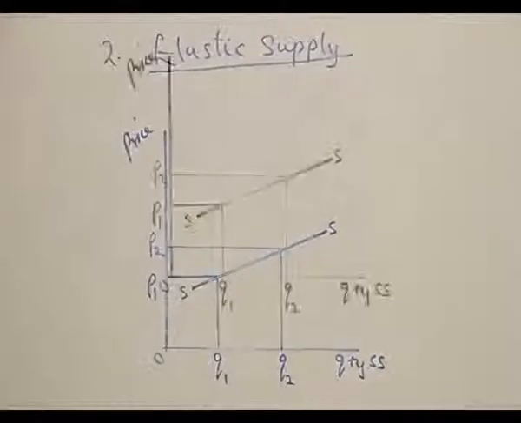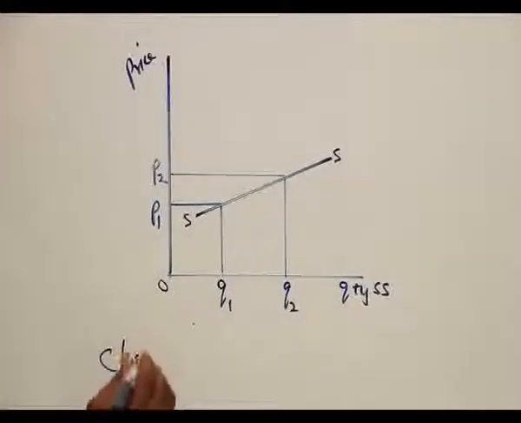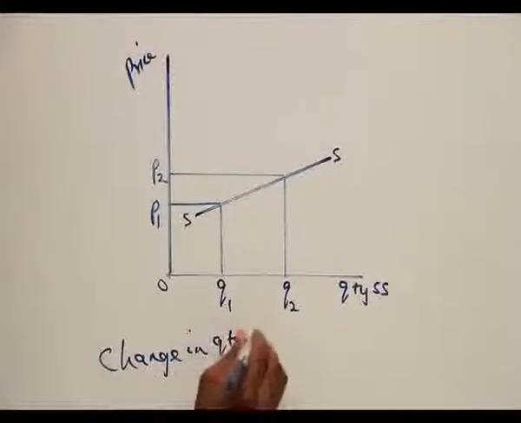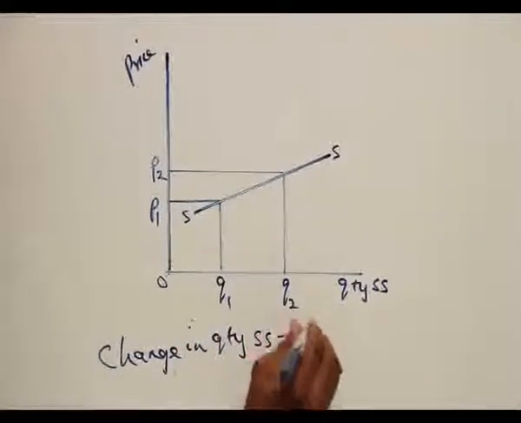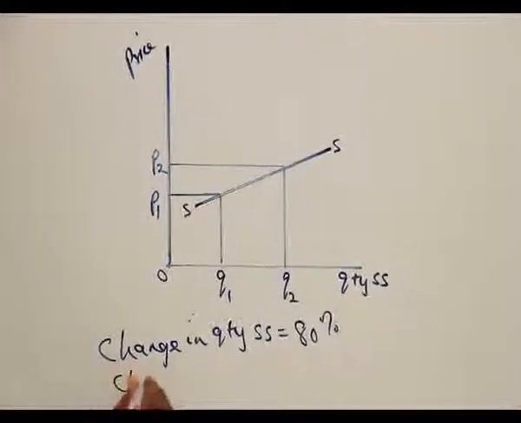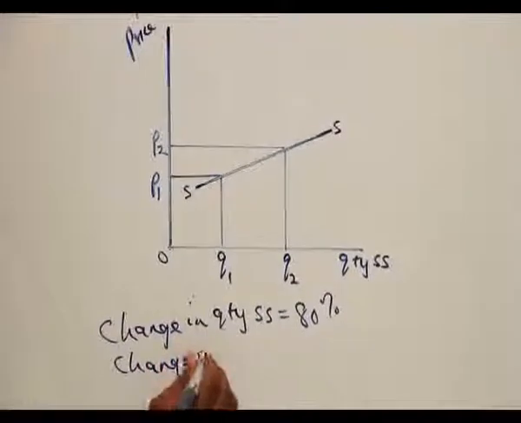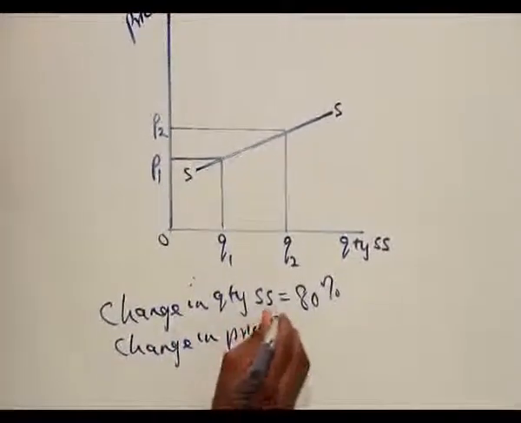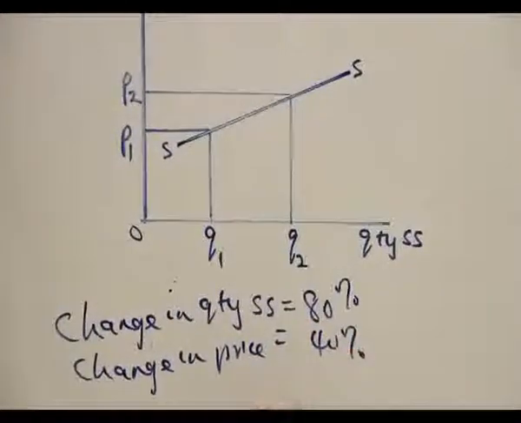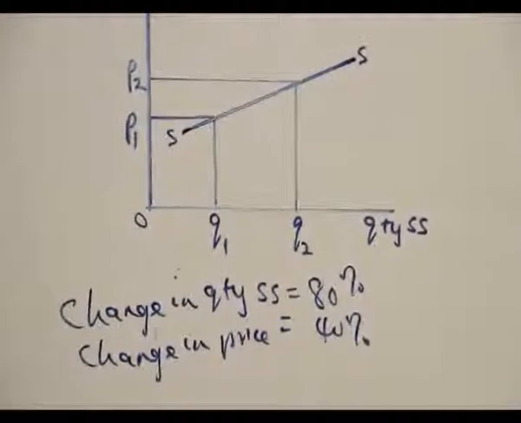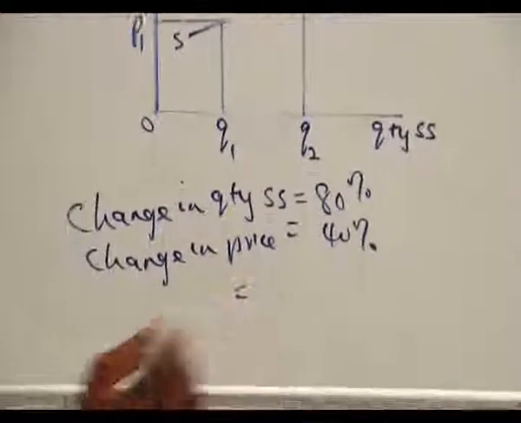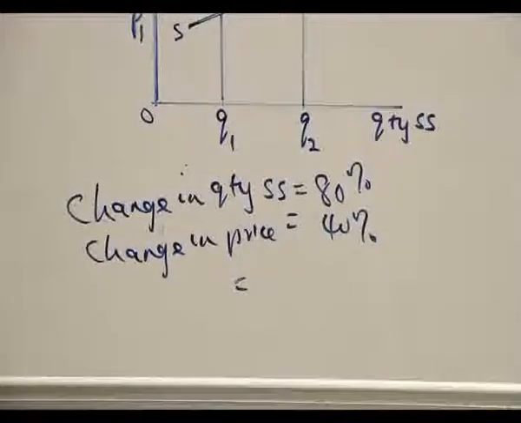For instance, if change in quantity supplied equal 80% and change in price equal 40%, we will observe that the change in quantity supply is greater than the change in price. At the end of the day, we are going to have elastic supply. How?